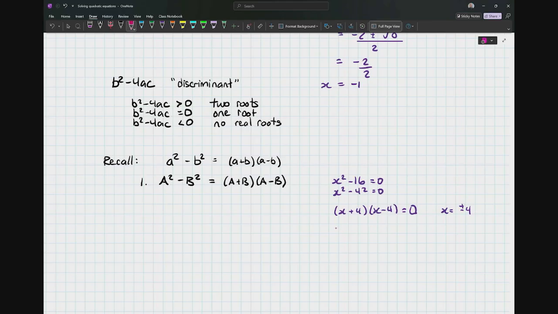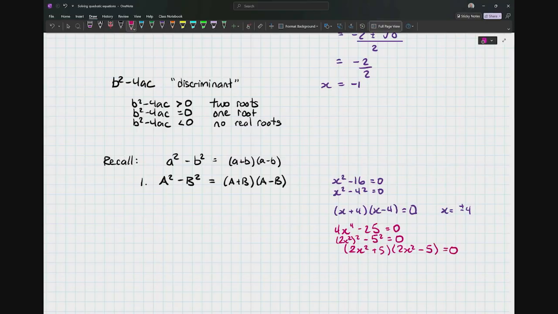We can even go as far as maybe something like 4x to the 4 minus 25 equal to 0. If this happens to be something squared, and it is, it's 2x squared minus 5 squared, then we can use our difference of squares formula and factor it right away into 2x squared minus 5 and 2x squared plus 5, as long as we have those two conjugates.